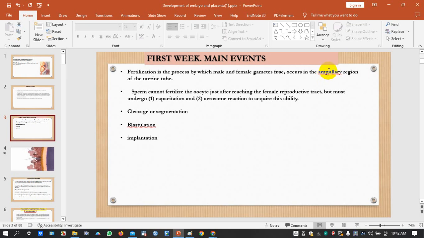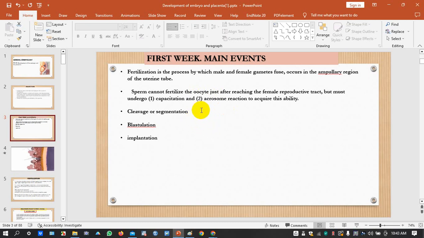The ampullary region is where most of the ectopic pregnancies occur, and I showed you the ampullary region when we were doing the anatomy of the female reproductive system, the womb, the uterus. The sperm cannot fertilize the oocyte just after reaching the female reproductive tract, but must undergo, 1, capacitation, and 2, an acrosomal reaction to acquire this ability.